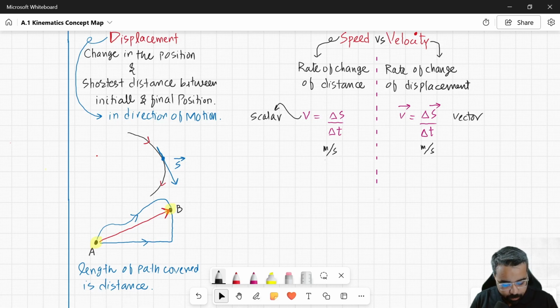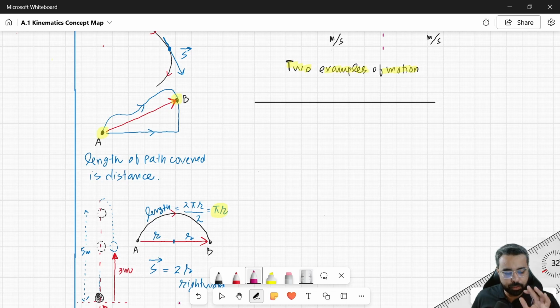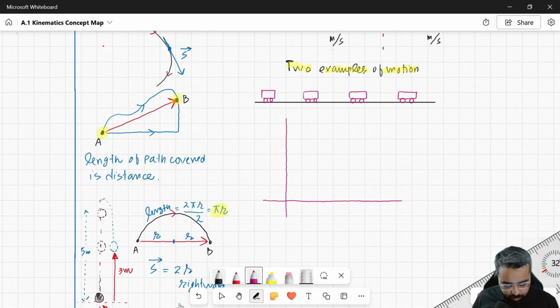Now students, here I want to give you two examples. In one example, let's say this is a car which is traveling an equal distance in equal intervals of time, let's say 4 meters in every 1 second. So these will be the positions of this car. And when we draw its graph, let's say this is a displacement-time graph.